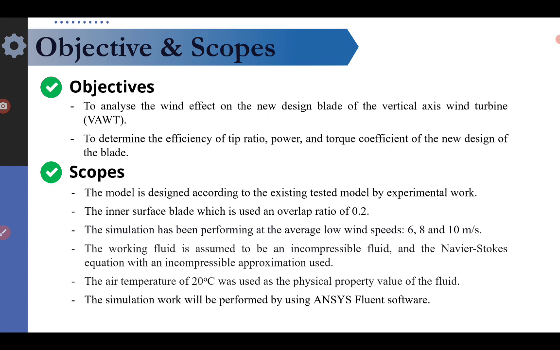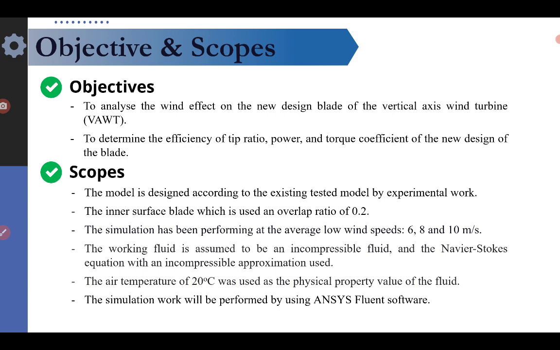Previously we have data from the experimental work, and right now we want to do a simulation so we can validate the simulation result and then use it for further investigation regarding the Savonius wind turbine.